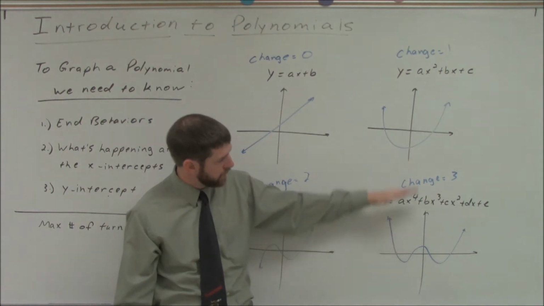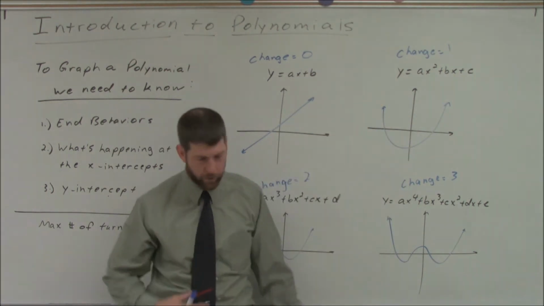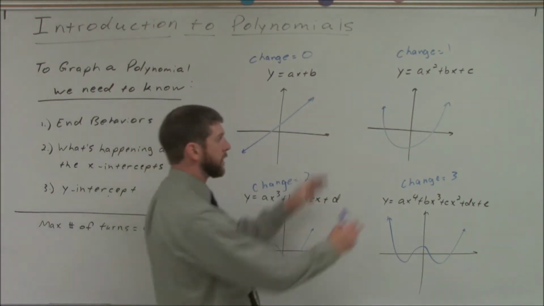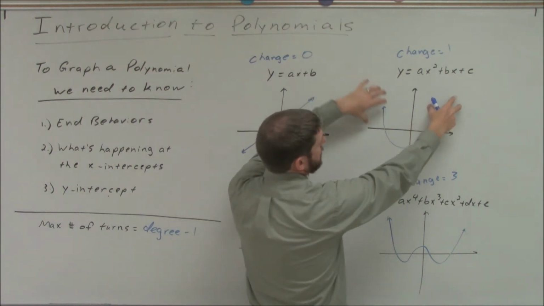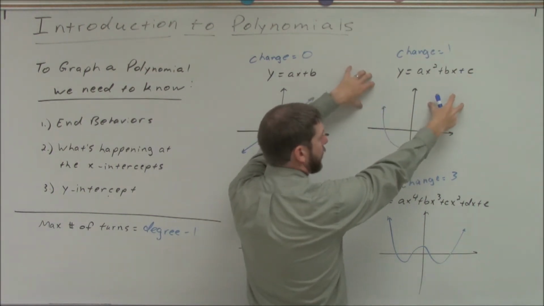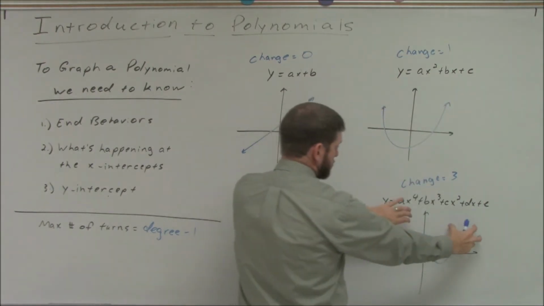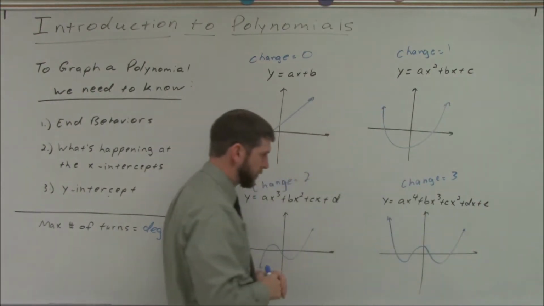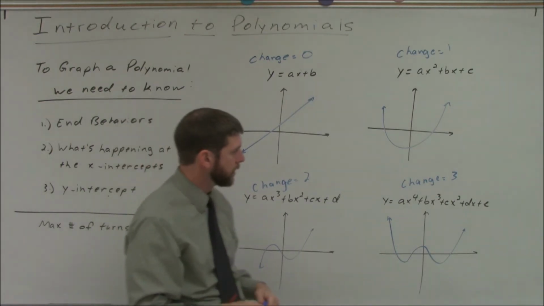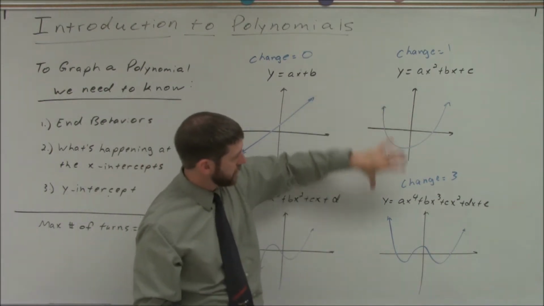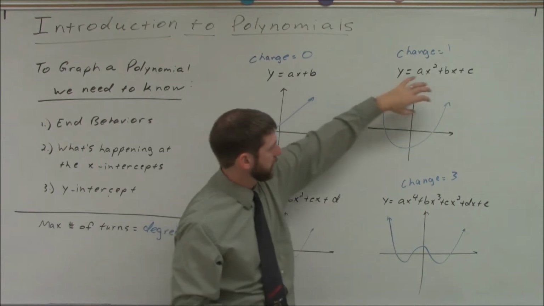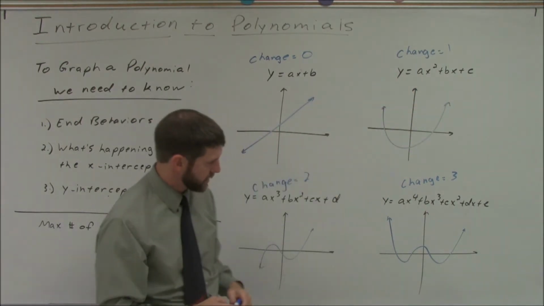The x squared and the x to the fourth, the quadratic and the quartic, notice how their ends, as they approach positive and negative infinity, are going in the same direction. On this one, they're both going up, and on this one, they're both increasing as they approach positive or negative infinity. I'm not talking about how they relate to each other, but how the ends within each function relate to themselves.